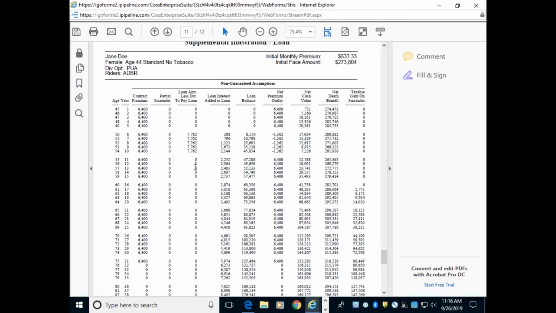Okay, so for a 5-year loan, we have $7,762 annually. We have our loan interest and our loan balance.